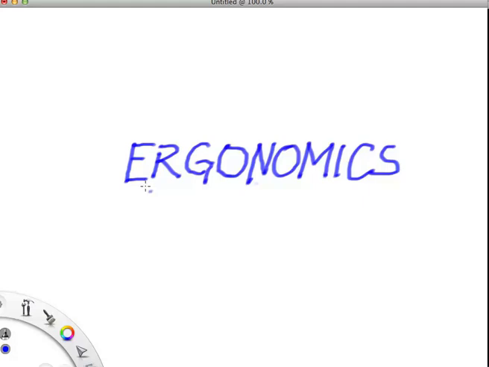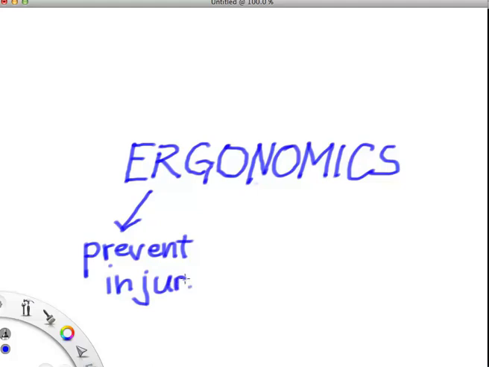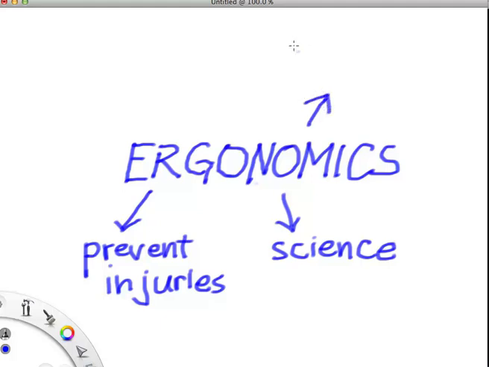So from ergonomics, this is just a sample. Preventing injuries is one. It is a science. Good body mechanics.